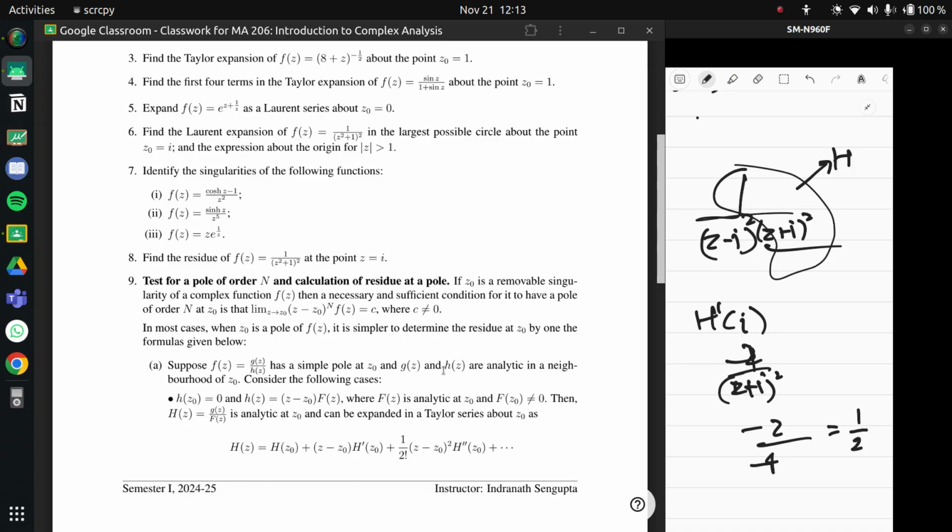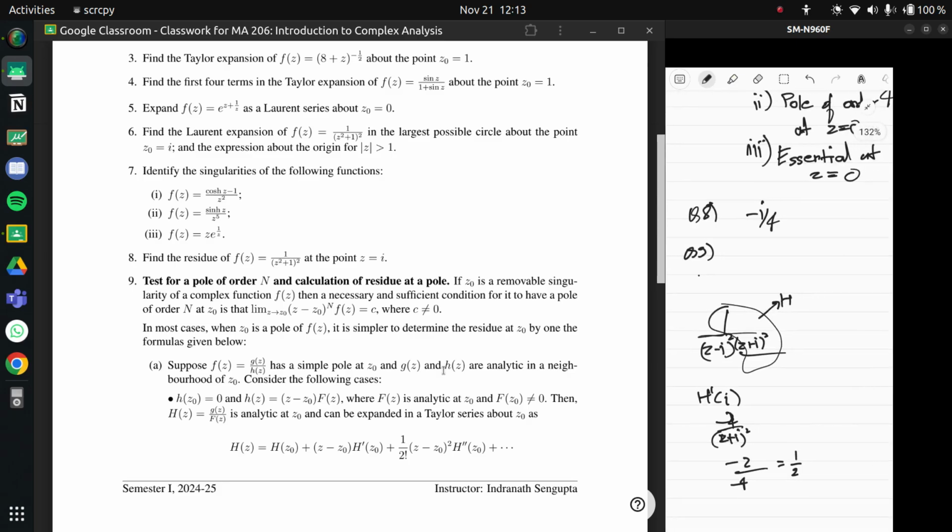So it's supposed to be 1 by 2 at the... messed up. Sure. This is a negative iota by 4, unfortunately, by this logic.